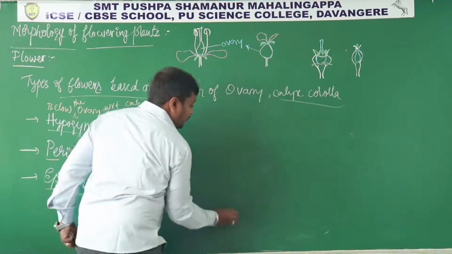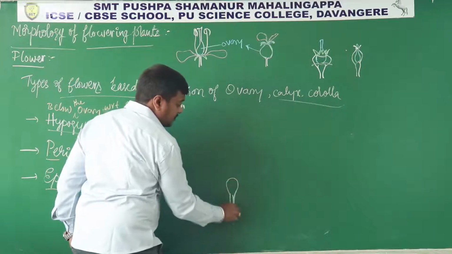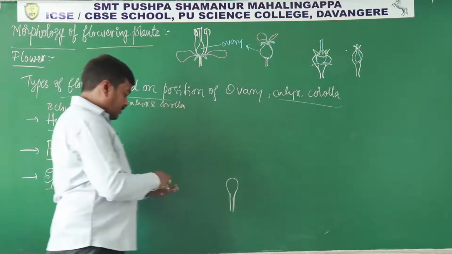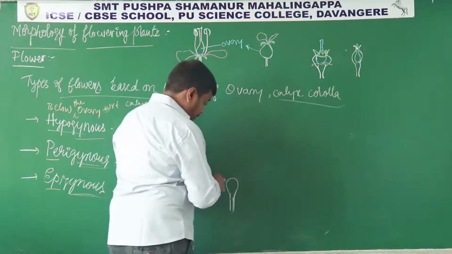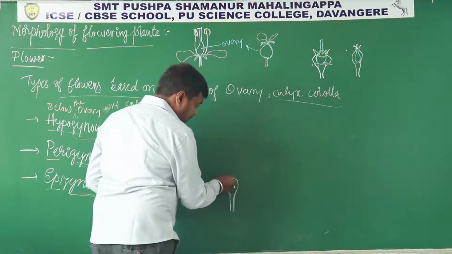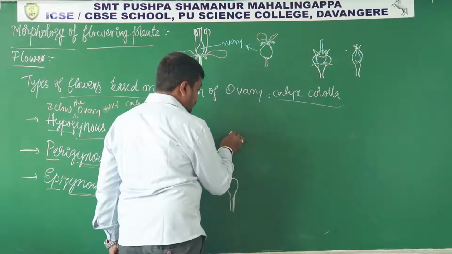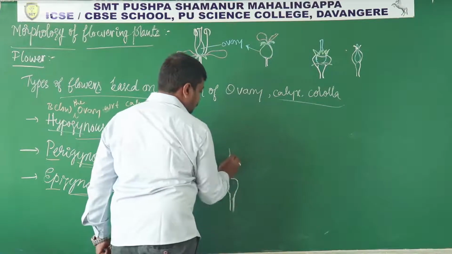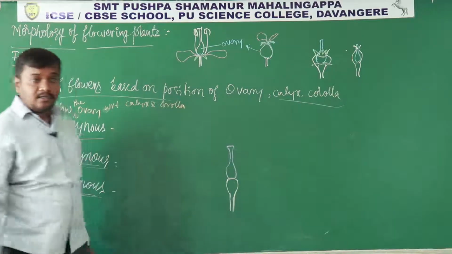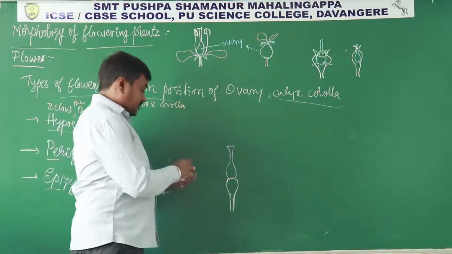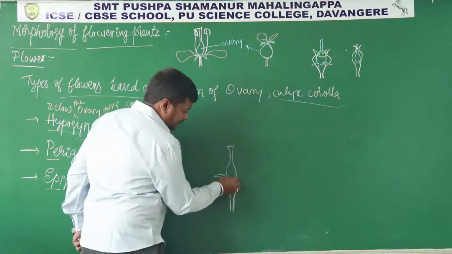See, here is the pedicel, then the thalamus. Here is the ovary, and usually the ovary is situated on the thalamus. Calyx and corolla are here; let me explain only one.